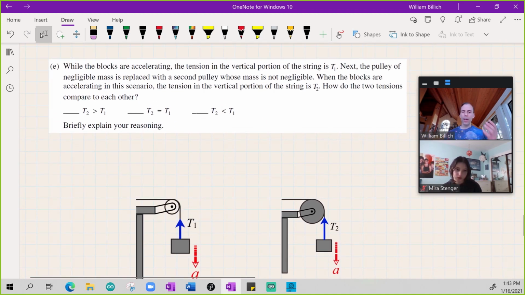Would the tension go up? Would it stay the same? So again, this is where I say there's a great benefit in exaggerating it in your head, right? This mass is not negligible. So if this pulley were very large, you'd be like, okay, I got to rotate this pulley, right?